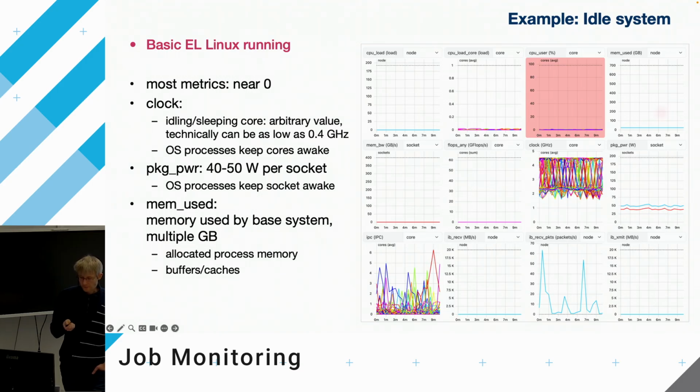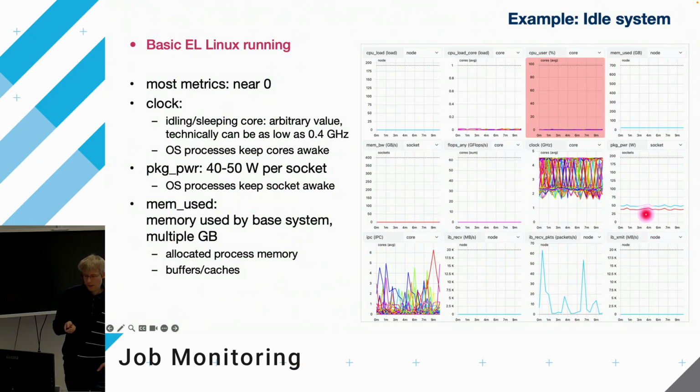And in the clock, you will see varying clock values, but often they are also kind of low at the base clock, because also when idling, when the CPU core is idling, that can interfere with the measurement. And the package power on our system here is between 40 and 50 watts.